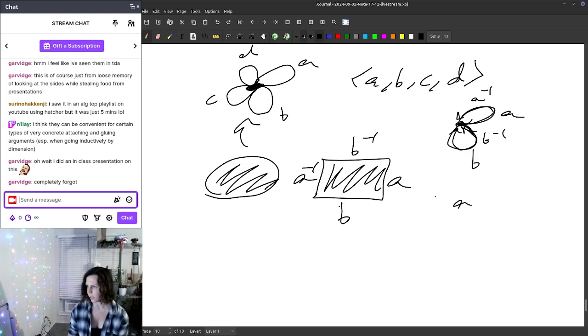And so that means A, B, A inverse, B inverse is the identity, because this will get rid of that element of the fundamental group, and so it makes these 2 things commute with each other.